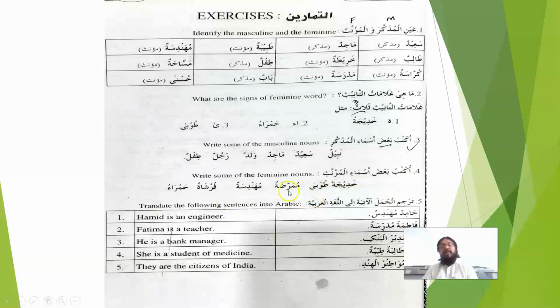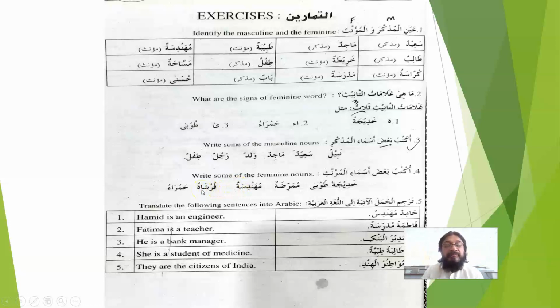Tuba, name of a girl. Mumarridatun, nurse, lady nurse. It has the indication of ta, round ta at the end. That is why it is the muannas. Muhandisatun, lady engineer. It has the sign of feminine ta at the end.